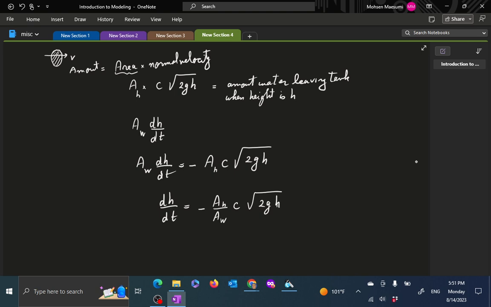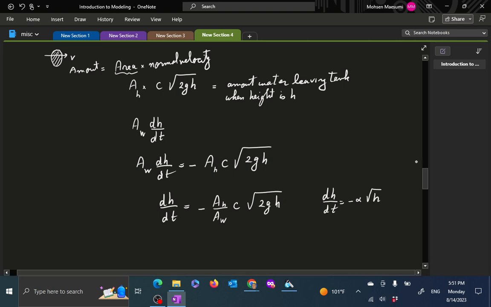So to make this look less crowded, and look at the mathematical aspect of it, dH/dt has all these constants here. It will be some constant, let's call it alpha, and what we have is square root of h.